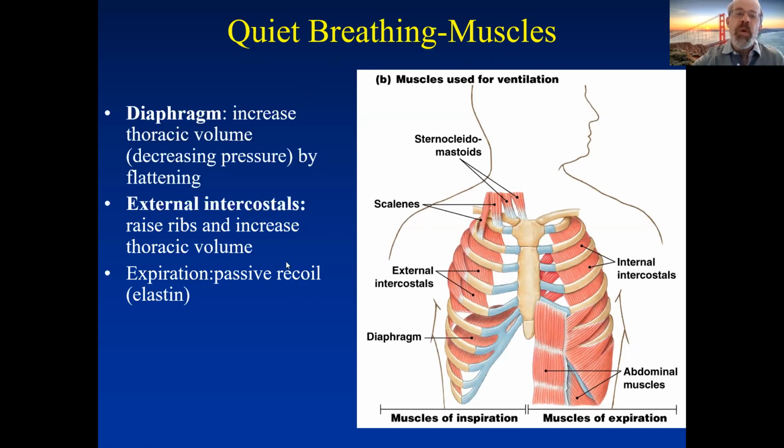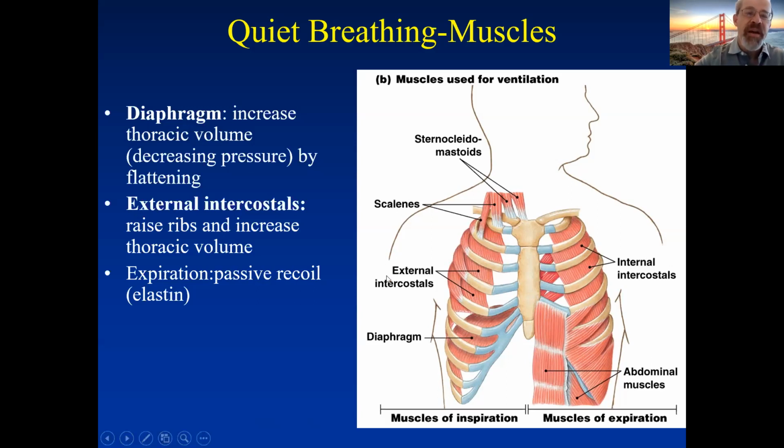With quiet breathing, we have two main sets of muscles. The diaphragm, which you can barely see under the ribs right there. It's a dome-shaped muscle, so it kind of goes like this. When it's contracting, it's flattened. And then the second group of muscles are the external intercostals. When these muscles are innervated by the nerves, they contract.